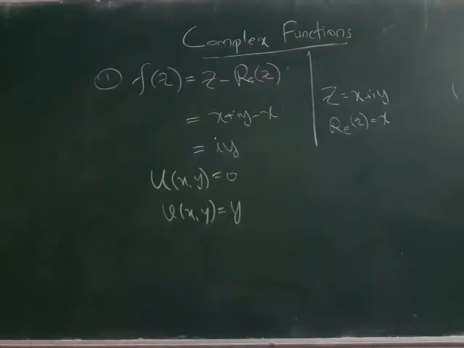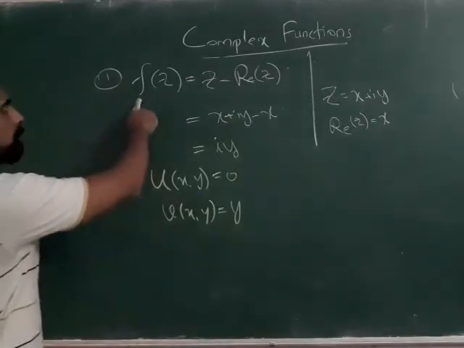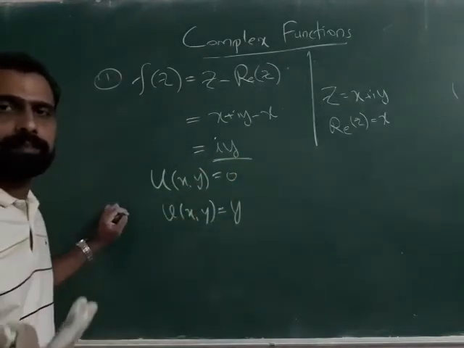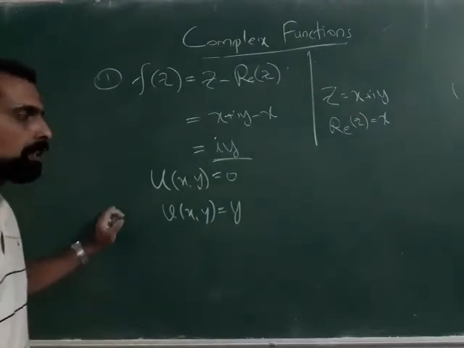Understand? Okay. So you can write f of z is equal to i. So it becomes a function. So this is a complex function.